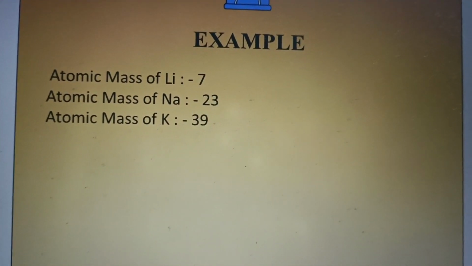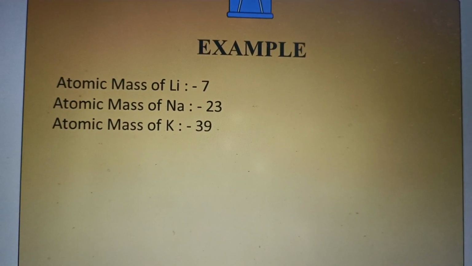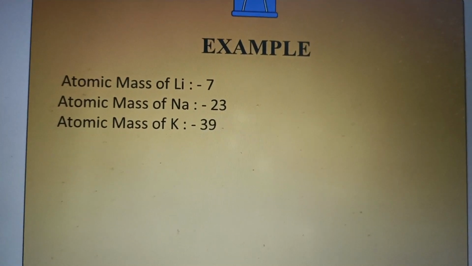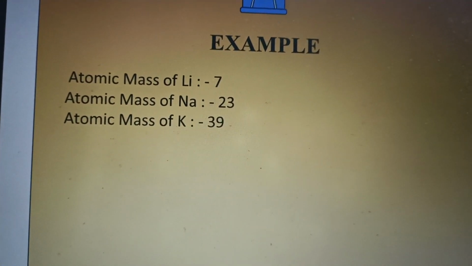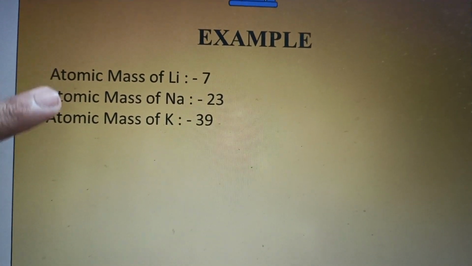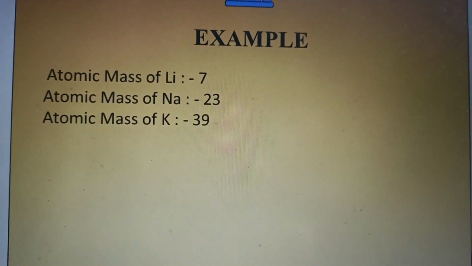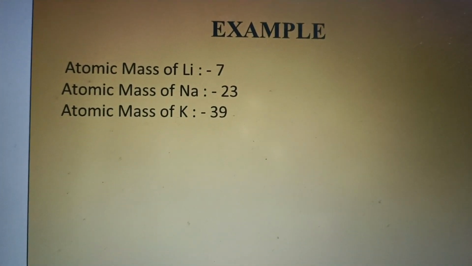So the atomic mass of lithium is 7, atomic mass of sodium is 23, and the atomic mass of K, which is potassium, is 39. According to the law, he took the mean of the first and the third element, and the mean will give you the answer of the middle term.